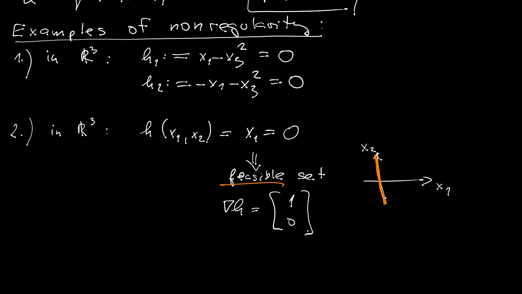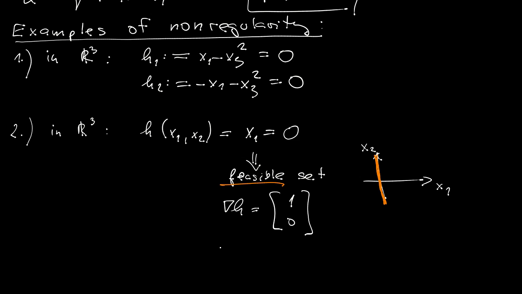And now let's recall that the condition of linear independence can actually be applied even to a single-element set, in which case it means that the vector is non-zero. And in this case, yes, the gradient, this single vector, is non-zero, so we can regard a set generated by the single vector as linearly independent, and it does comply with the definition of a regular point.